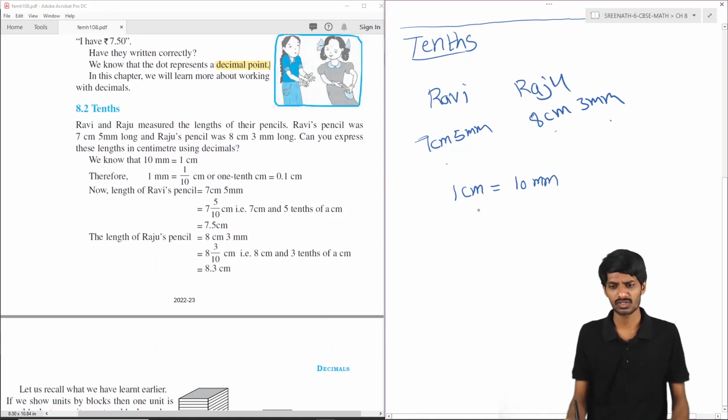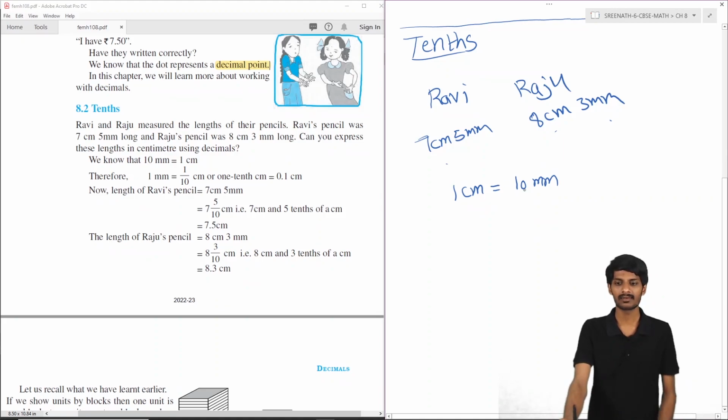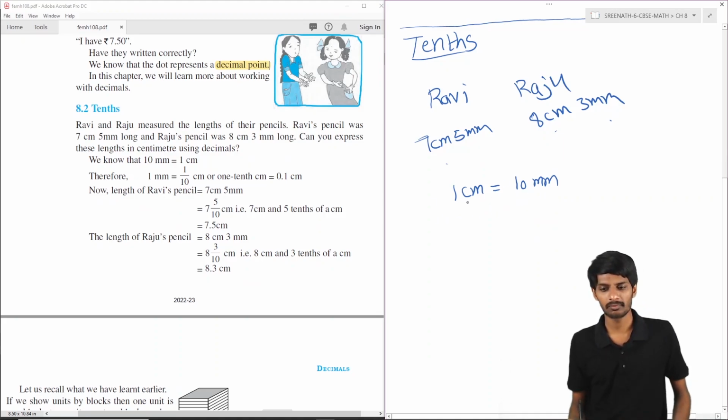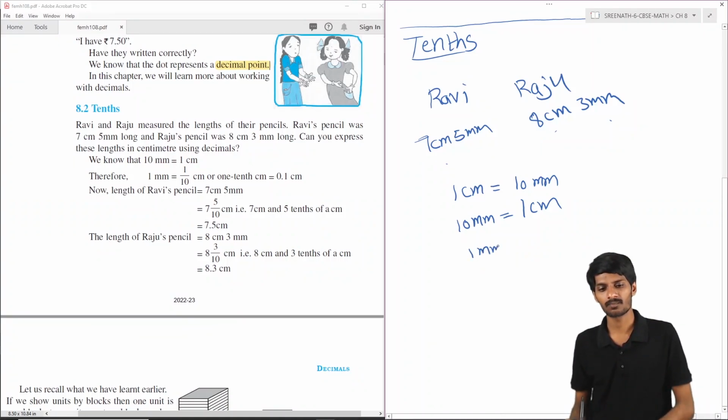In other words, we can write it the other way also: 10 millimeters equals 1 centimeter. But what about 1 millimeter? 1 millimeter is equal to 1 by 10 of a centimeter.